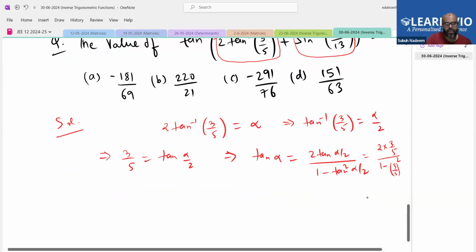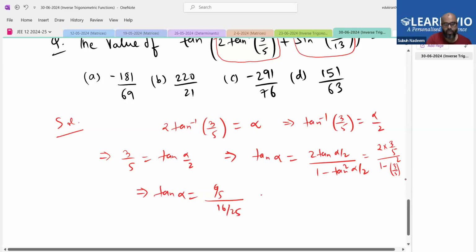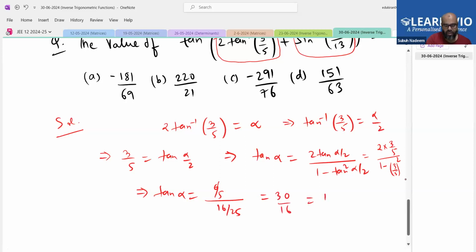So tan alpha is equal to 2 into 3 by 5, which is 6 by 5, and in the denominator 1 minus 9 by 25. So 25 minus 9 is 16 by 25. So this will be 30 by 16, which is 15 by 8.